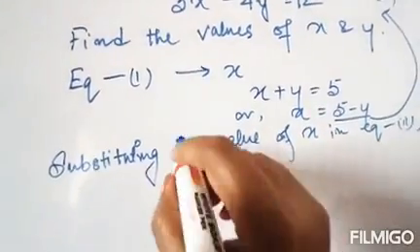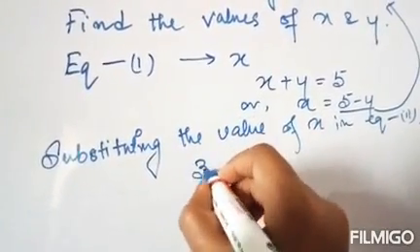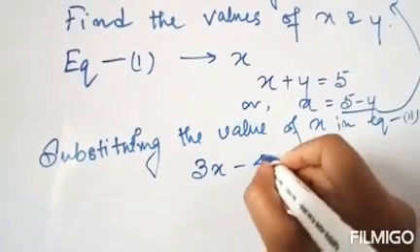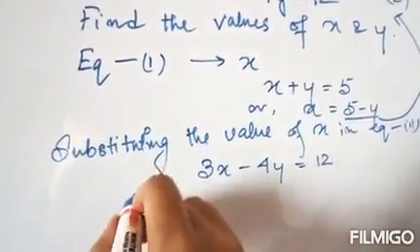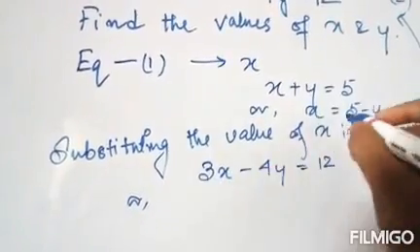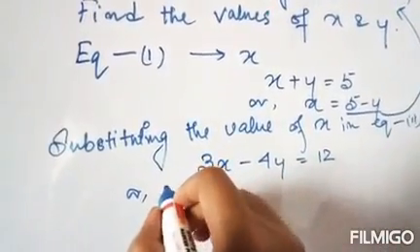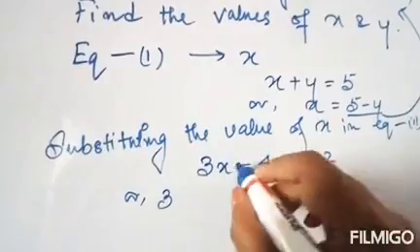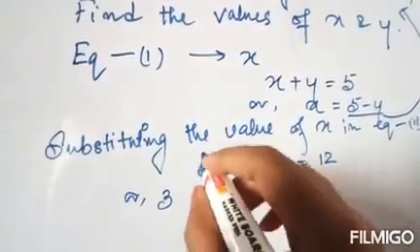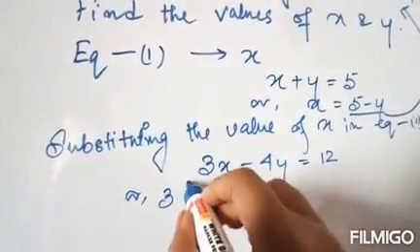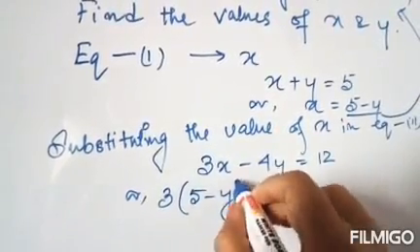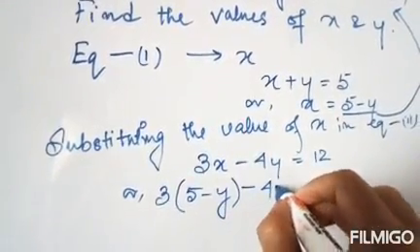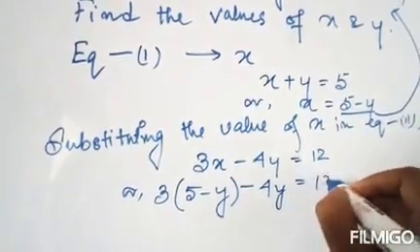What is equation 2? 3x minus 4y is equal to 12. So instead of x, I am going to put 5 minus y. Because I have two variables and it is difficult to solve with two variables, I will be substituting that one. So 3 times 5 minus y, minus 4y, is equal to 12.